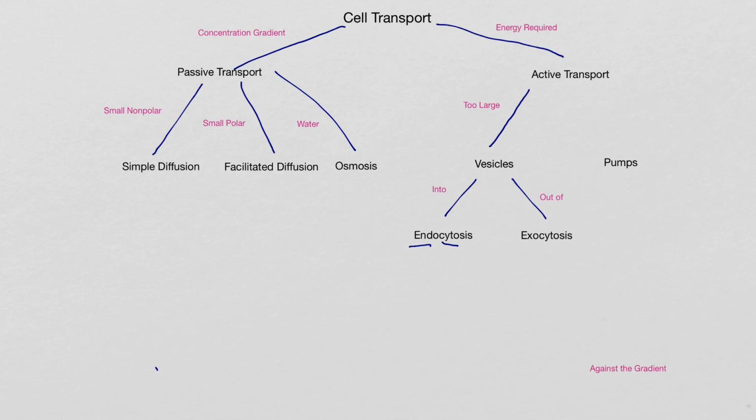And when something moves out of the cell, it would typically be something that you would just need somewhere else in your body, and it would be able to move there. So again, exo means outside or out, and then cyto again means cell, so it means out of the cell.